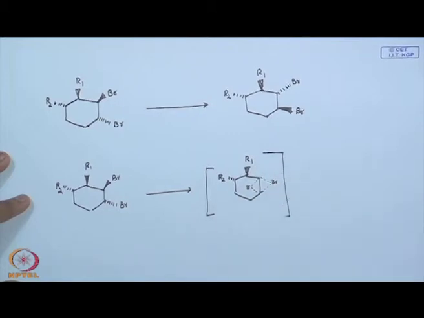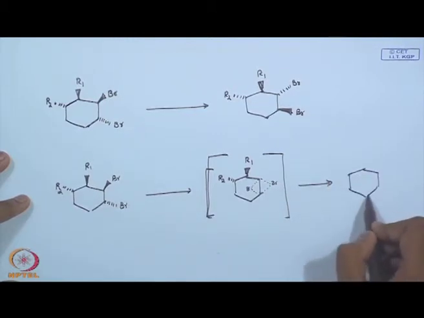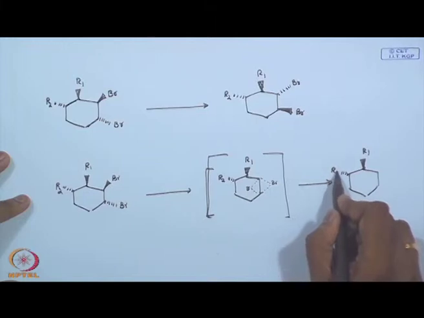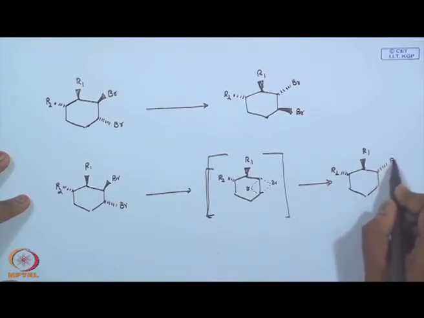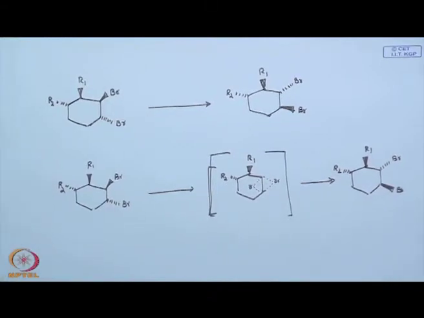Now they can easily interchange to give my product, with R1, R2, and the two bromines swapped. This you call a type 1 dyotropic rearrangement. Any doubt with this? So this is called type 1. Now we will see type 2, how it works.